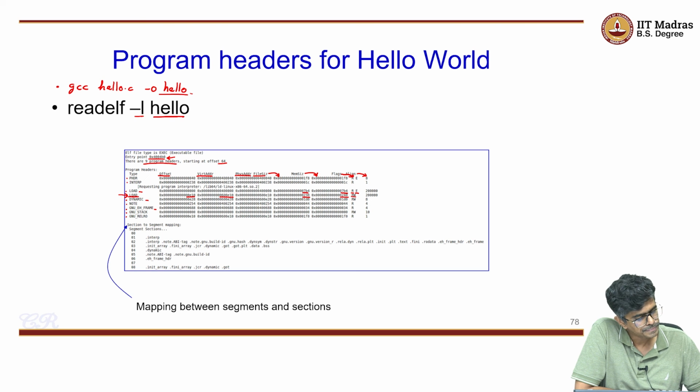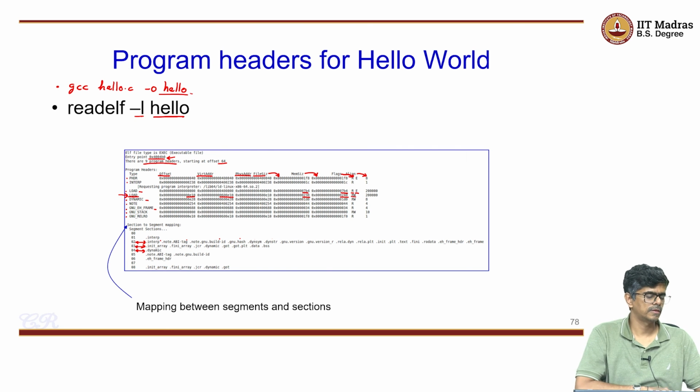For example, things like .interp, .note, .abi-tag, .gnu.hash, .dynsym, and so on are the various sections, and all of these sections are present in segment number 2. Similarly, .dynamic is a section present in segment number 4. Here we have .init_array, .fini_array, .jcr, .dynamic, .got, .got.plt, .data, .bss. So this is present in segment number 3, right, and so on.